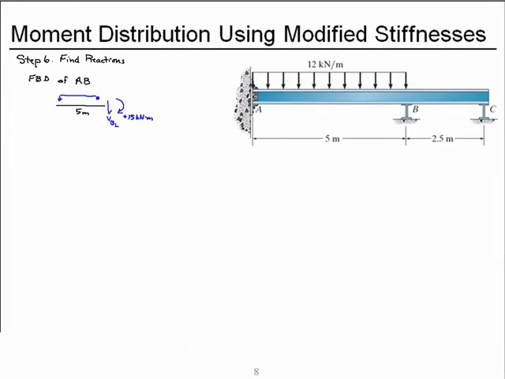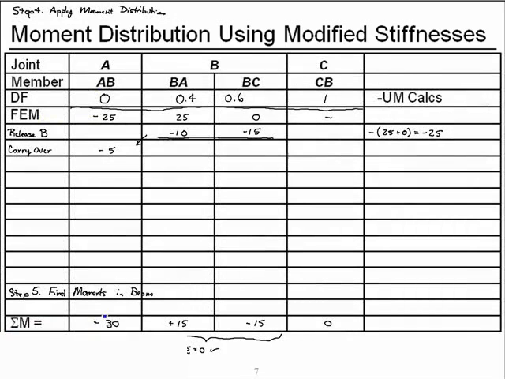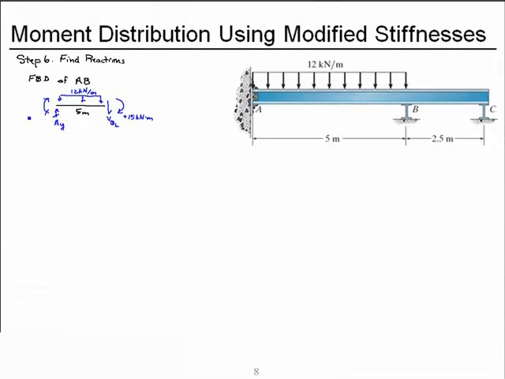We have the uniform distributed load of 12 kilonewtons per meter, the unknown reaction AY, and the moment reaction at A, which we found to be a negative 30 kilonewton meters.